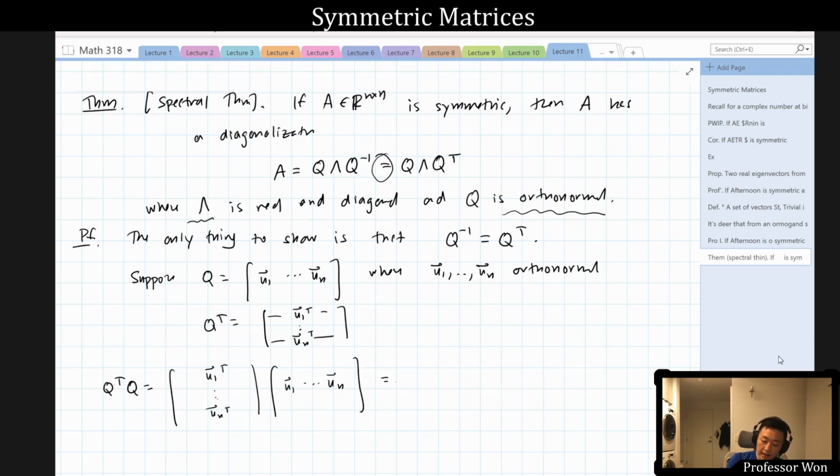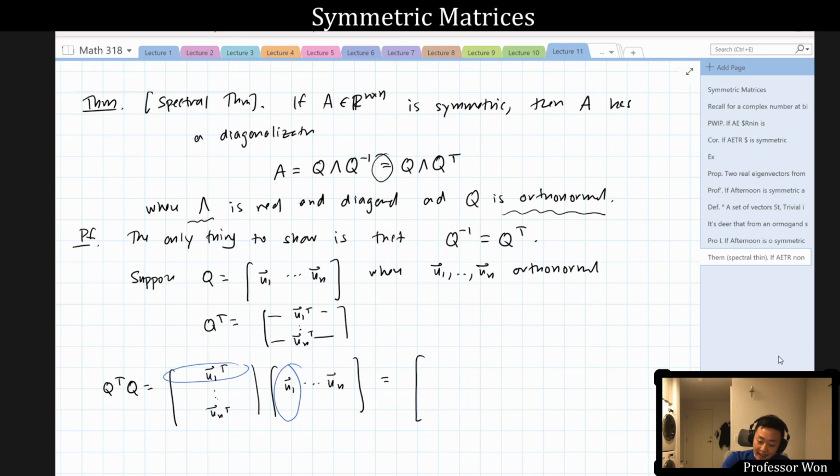And how do you get the entries of this? What you do is you just take every row here and you dot it with every column here, and then that gives you the ijth entry of the matrix. Well, since the u's are orthonormal, if I dot u1 with u1, I will get 1, because that's the length squared of u1. If I dot u1 with u2, I'll get 0 because they're orthogonal.